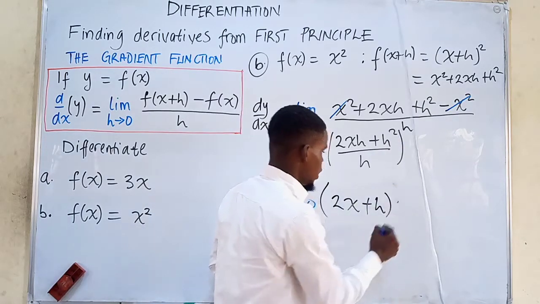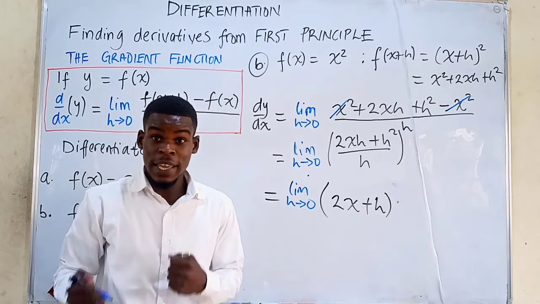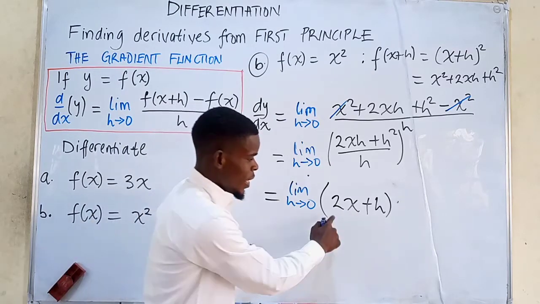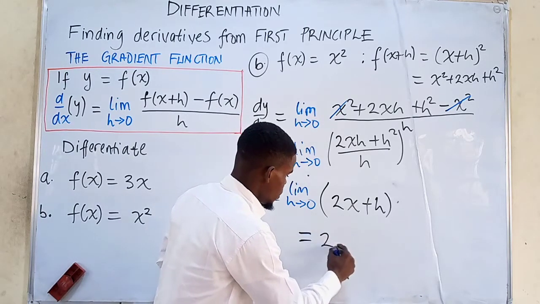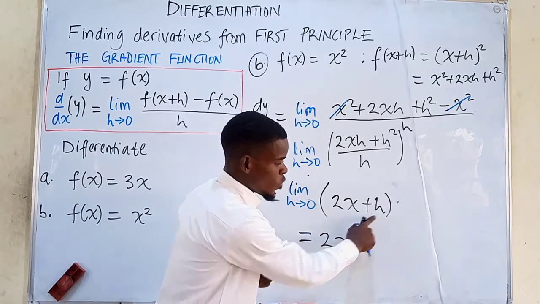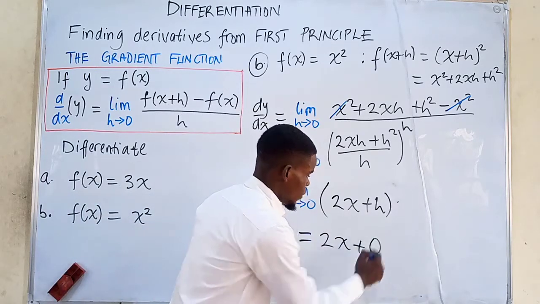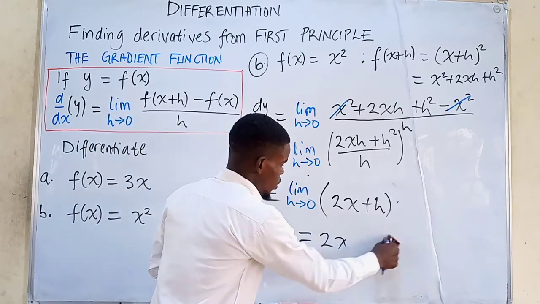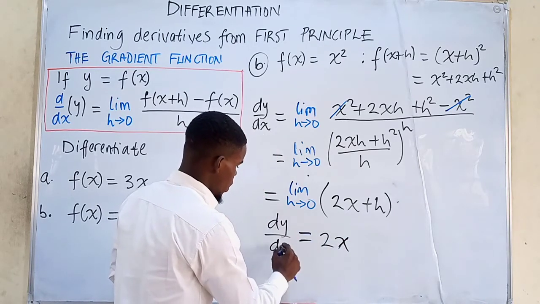Now as h tends to 0, 2x has nothing to do with h, so h going to 0 will not affect 2x. So we put down the 2x first, and then plus h. As h approaches 0, this term approaches 0, so we just take it to be 0. Now, 2x plus 0 is just 2x. So 2x here is the derivative of that function with respect to x.